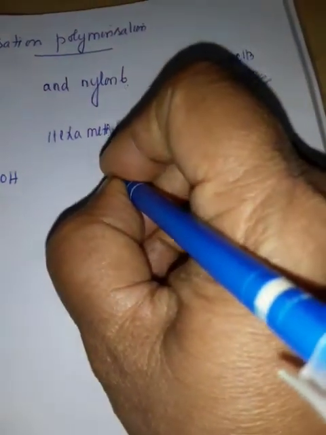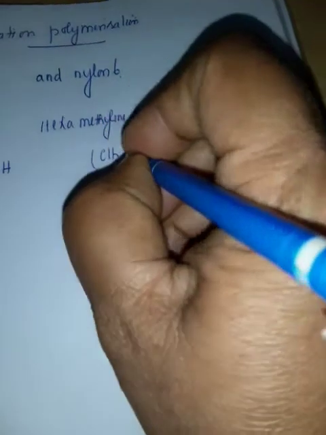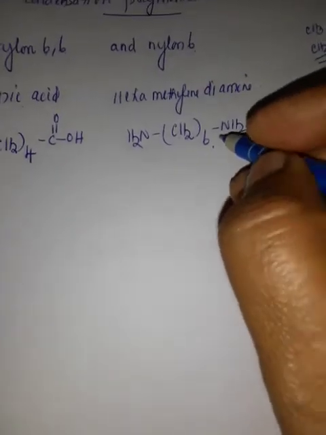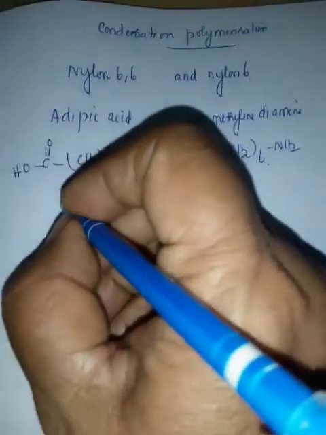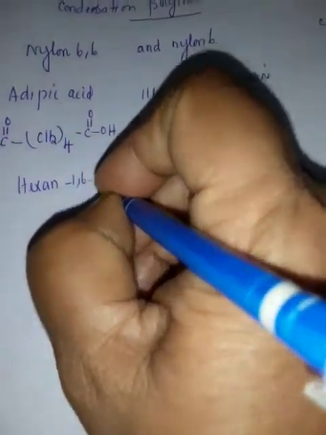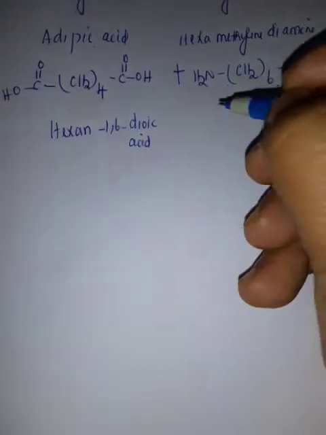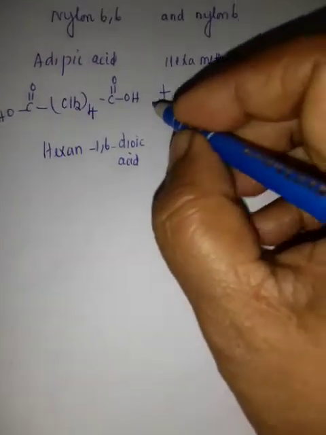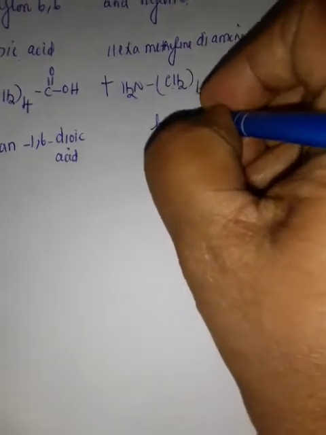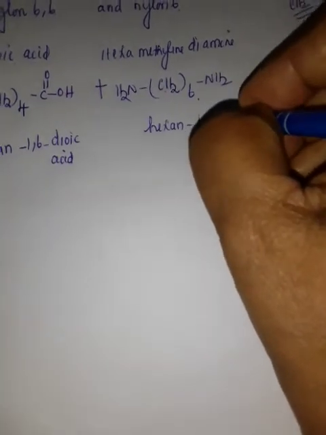So hexamethylene is CH2 6 times, diamine NH2 NH2, having 6 carbon atoms. Both are monomers. The IUPAC name for the acid is hexane 1,6 dioic acid, and this is hexane 1,6 diamine.